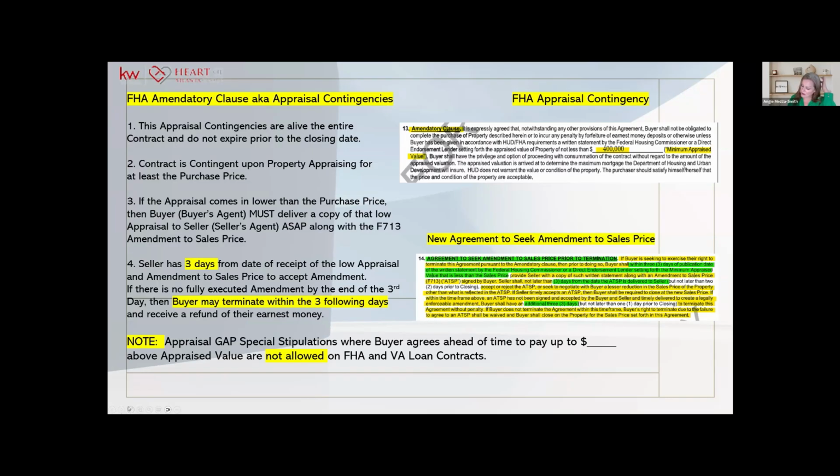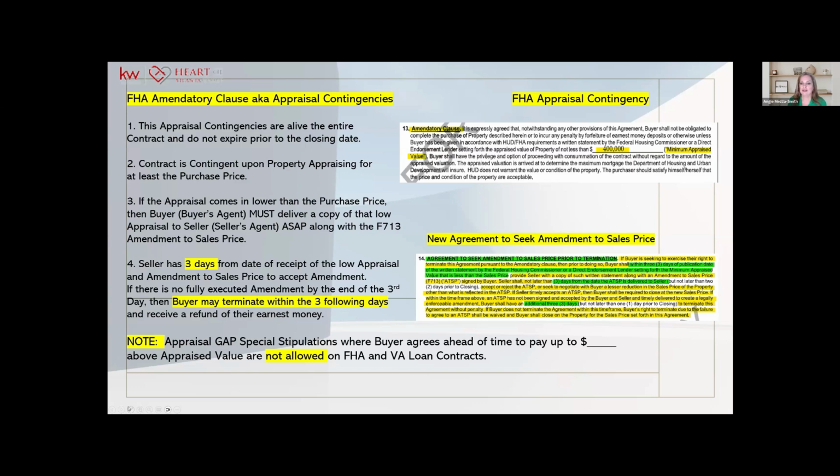It says, and this is language that is dictated by HUD, HUD controls FHA: it is expressly agreed that, notwithstanding any other provision of this agreement, buyers shall not be obligated to complete the purchase of the property described herein or incur any penalty by forfeiture of earnest money, deposits, or otherwise, unless buyer has been given, in accordance with HUD FHA requirements, a written statement by FHA, Federal Housing Commissioner, or direct endorsement lender stating the appraised value of the property of not less than blank. And again, you're going to put the purchase price from the front of the contract.